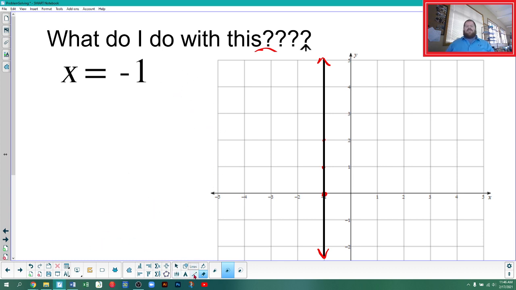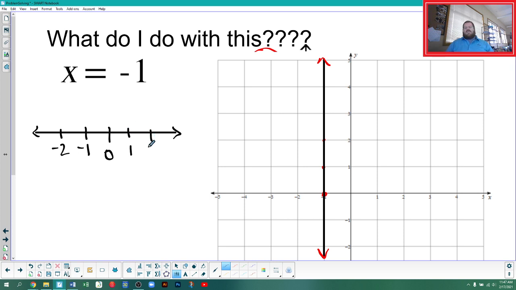But before we graphed lines in 2 dimensions on an XY graph, we graphed on number lines. It may have been a while ago. We said, here's 0, here's -1, here's -2, and so on, right?